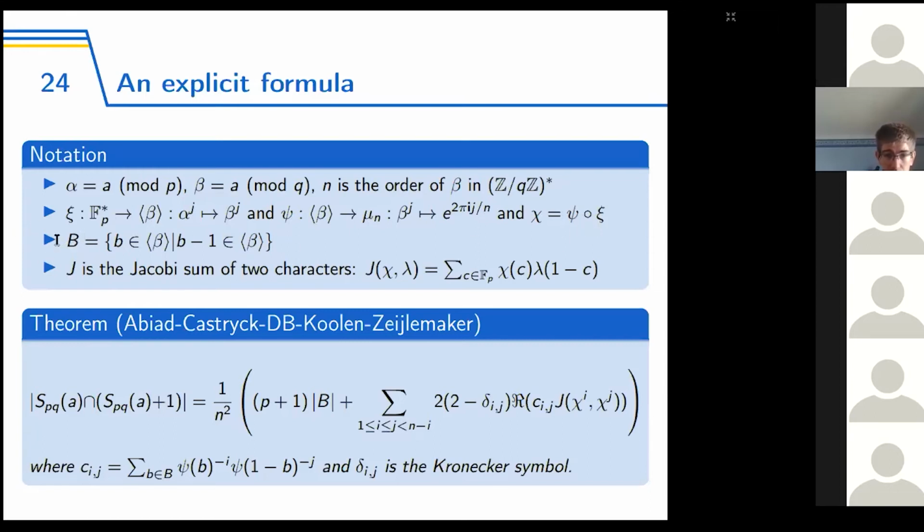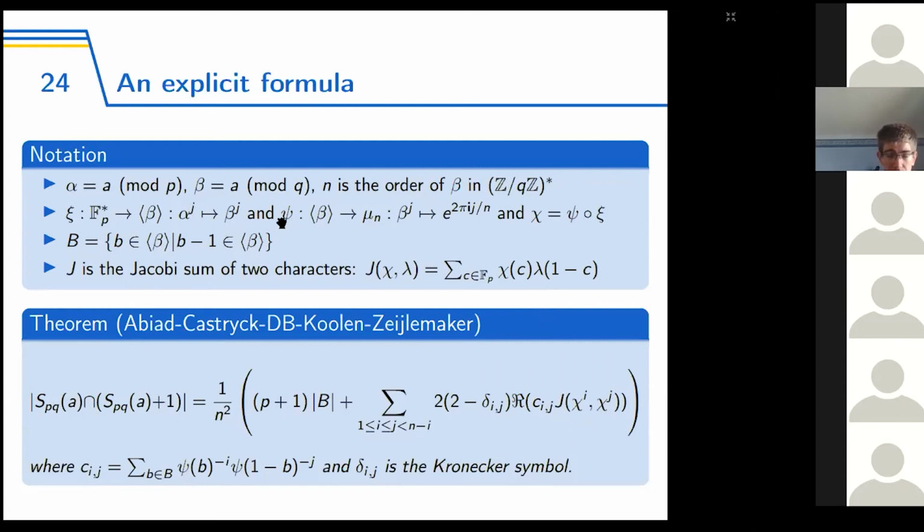And then we have a set B, which is the set of elements in this subgroup generated by beta, so mod q, such that b minus 1 is also in this group. Okay, we see this b is important here. The chi that we just introduced is also appearing in the formula.